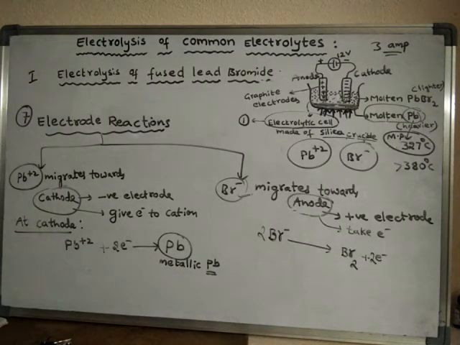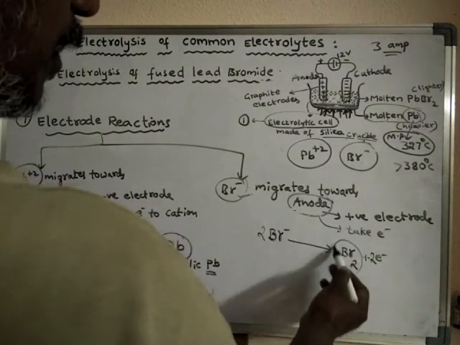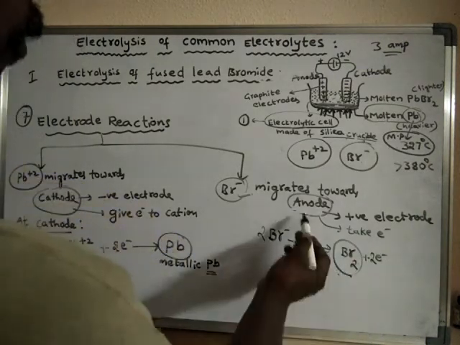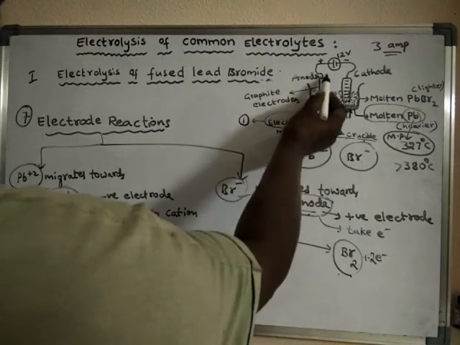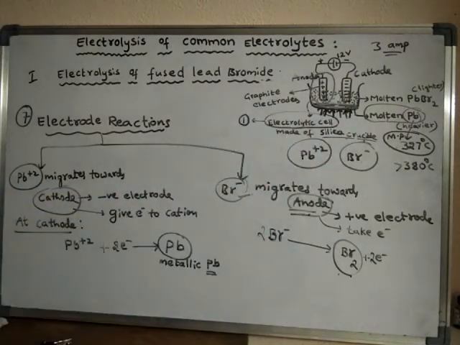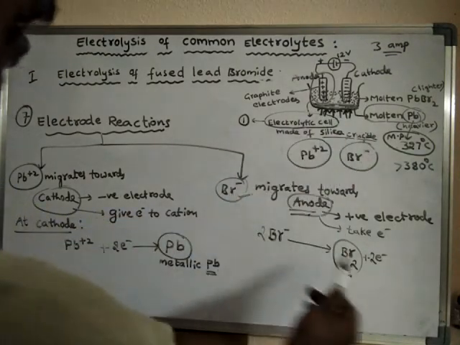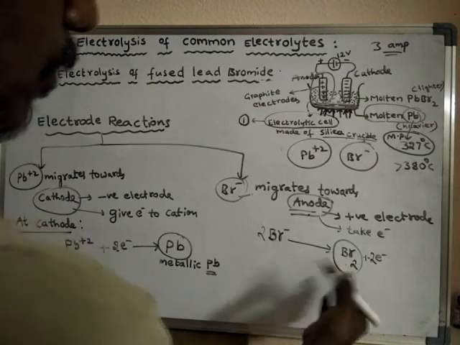Okay, right. Now what happens? This bromine is formed at the anode. So this bromine is reddish vapors. The color of bromine is reddish, and because of the very high temperature, the bromine occurs in the form of vapor.